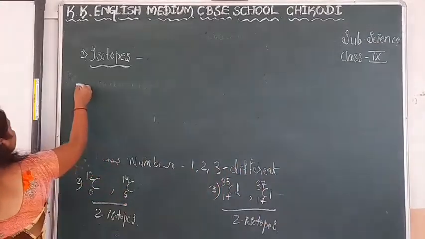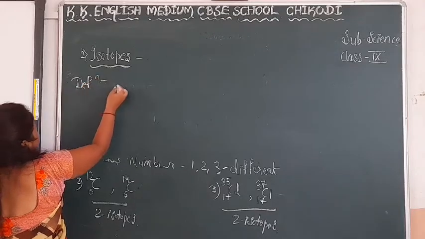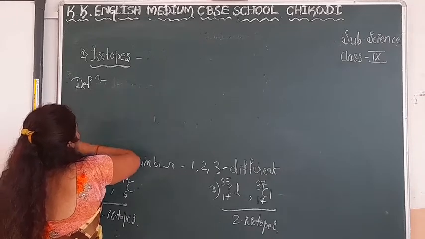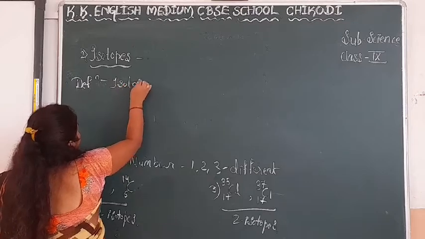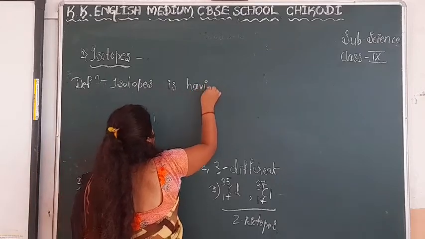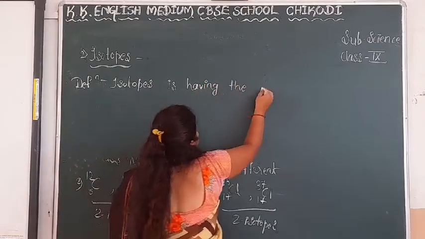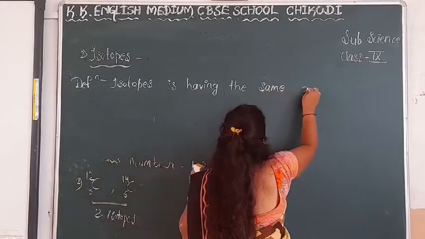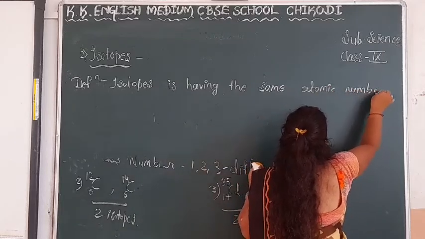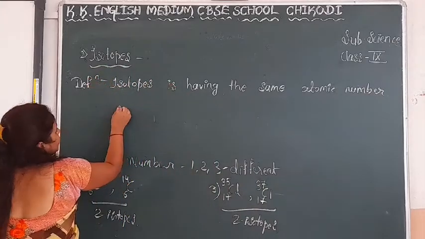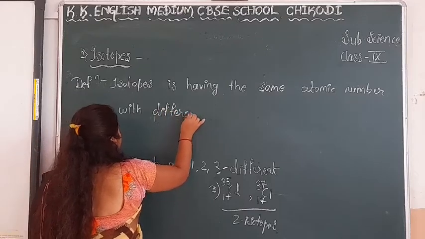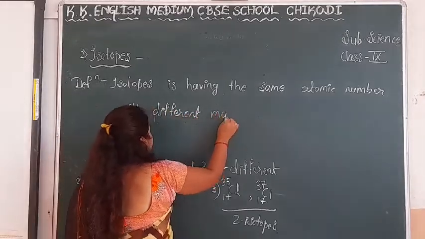Okay, so the definition about the isotopes: isotopes are having the same atomic number with different mass number of the element.